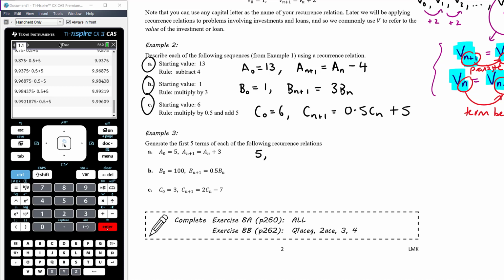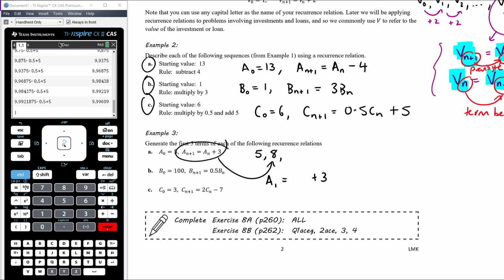So this is going to be 5 plus 3 is 8, plus 3 is... What I did specifically there to get 8 is we're trying to find A1, and we know that's A naught plus 3, and A naught was 5.